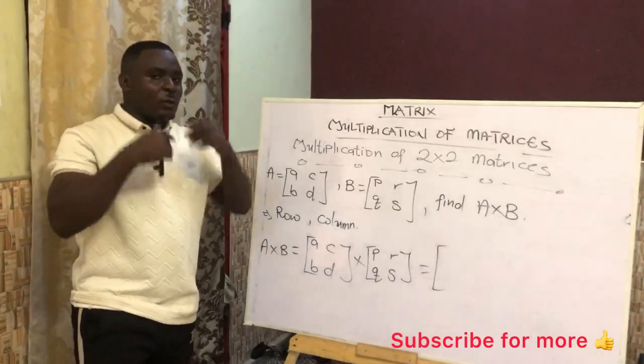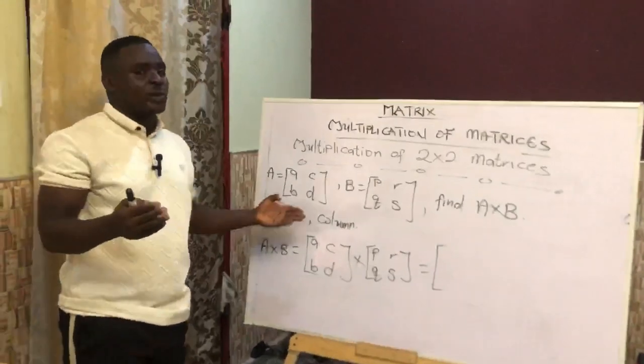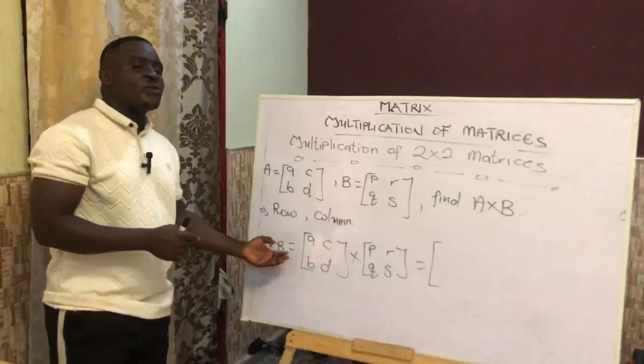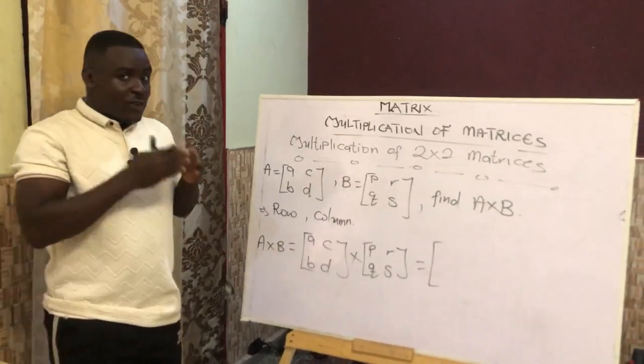All right, so we are going to use the idea of rows and columns. So this is what you do. You consider the first row in the first element.